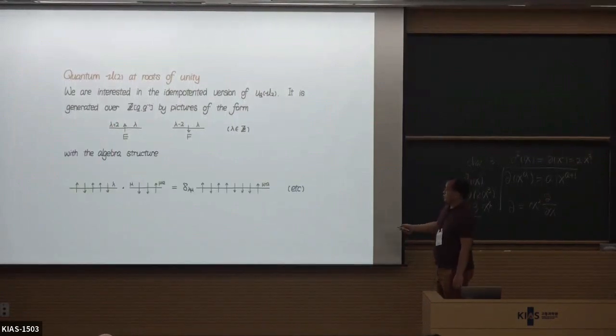So what's the algebra structure? You have very easy generators for these pictures, where lambda ranges over arbitrary weights. Lambda are just integers. The algebra structure is just given by concatenating or stacking pictures side by side. If the rightmost weight matches with the leftmost weight of the next picture, you just put them together. If they don't match, you just declare them to be 0.